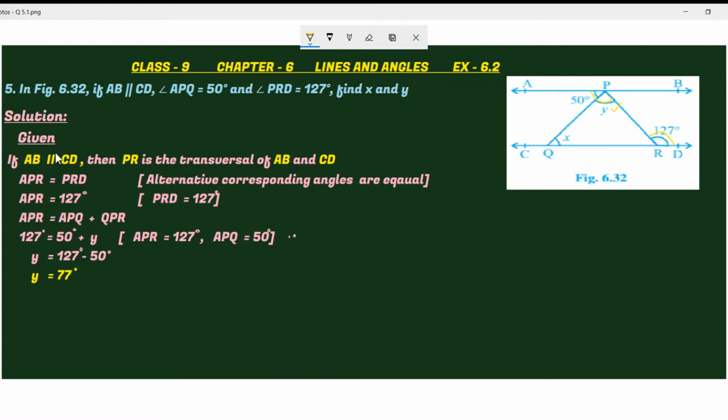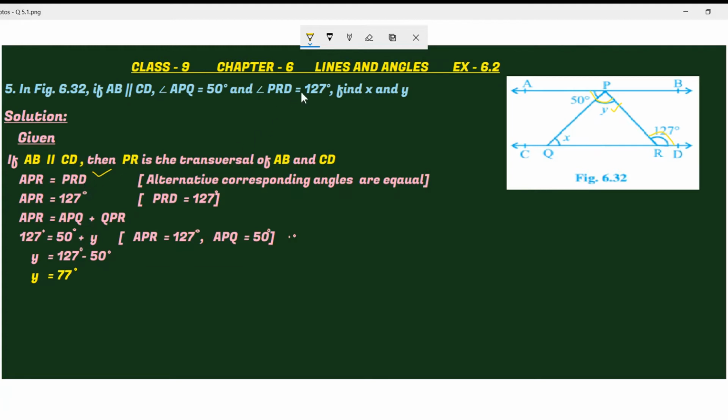So I have written: if AB is parallel to CD, then PR is a transversal of AB and CD, then angle APR is equivalent to PRD.